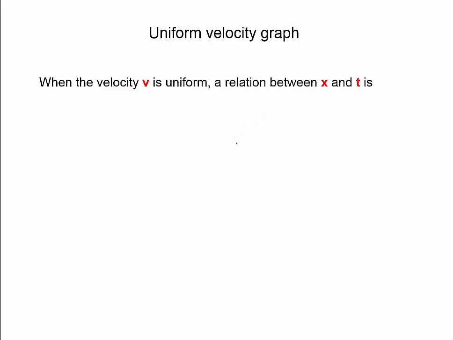X is the distance along the x-axis. You see, v stands for the change in x every second. Is that right? So we can write x equal to vt. V is the change that takes place every second. If you multiply that by t, you get the total change in x. So the distance along the x-axis is v times t.